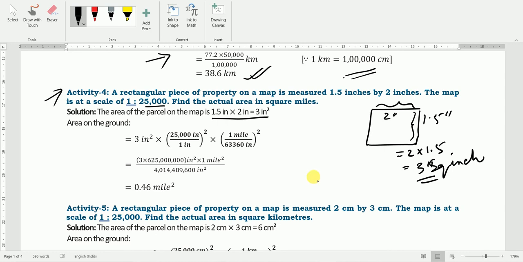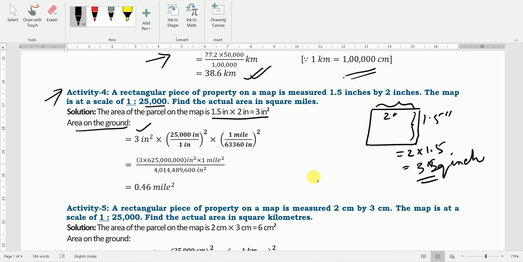And so the area on the ground, here we have to express in square miles. This is the area on the map, that is 3 square inch, multiplied by the scale factor.